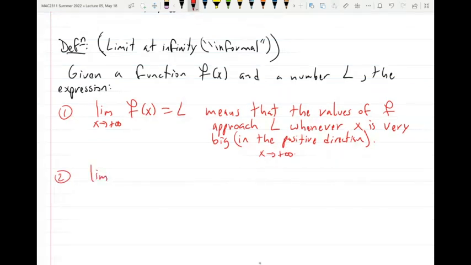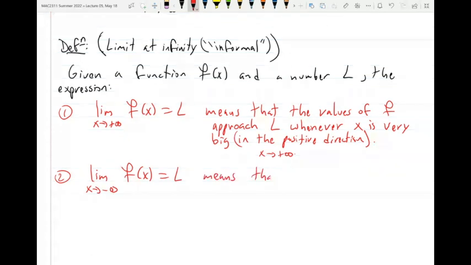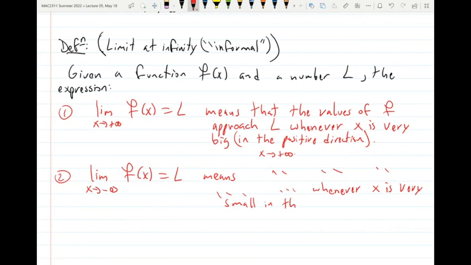Number 2, limit as x approaches negative infinity of f of x equals L means that the values of f, the same thing as above, approach L whenever x is very small in the negative direction.